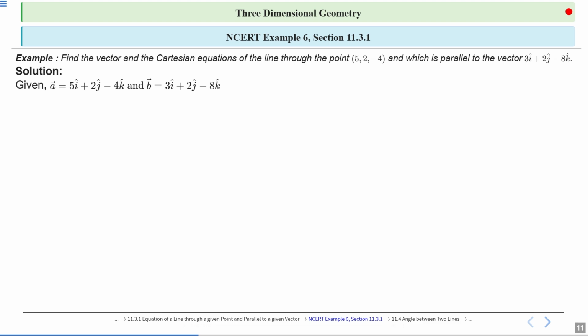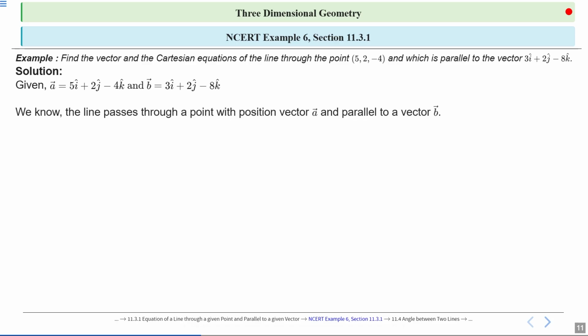Given that vector A equals 5i cap plus 2j cap minus 4k cap and vector B equals 3i cap plus 2j cap minus 8k cap. We know that if a line passes through a point with position vector A and is parallel to a vector B, then we can use these directly in the equation of the line.